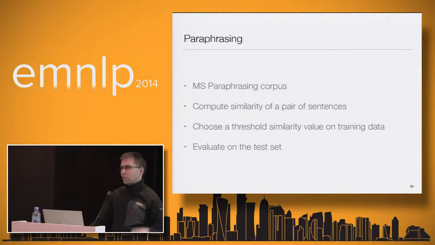Unfortunately, we couldn't do categorical composition, so we stuck to just pointwise addition and pointwise multiplication. The first task was the Microsoft paraphrasing, where you get pairs of sentences, and you decide whether the second one is a paraphrase of the first one. How we did it: we computed the similarity, and if the similarity is greater than a certain threshold, then it's a paraphrase. So we split the data into a test set and a training set.